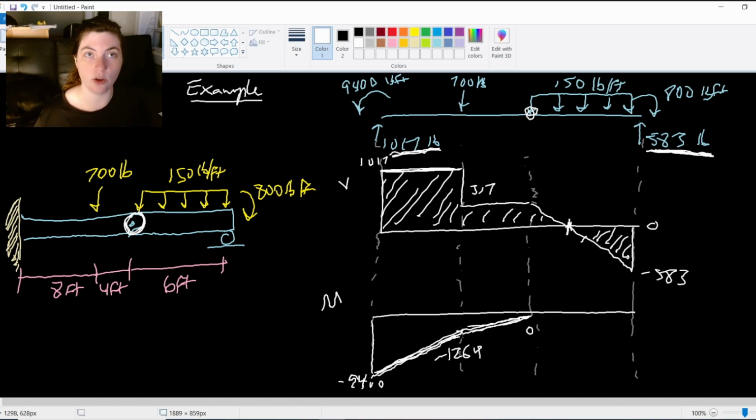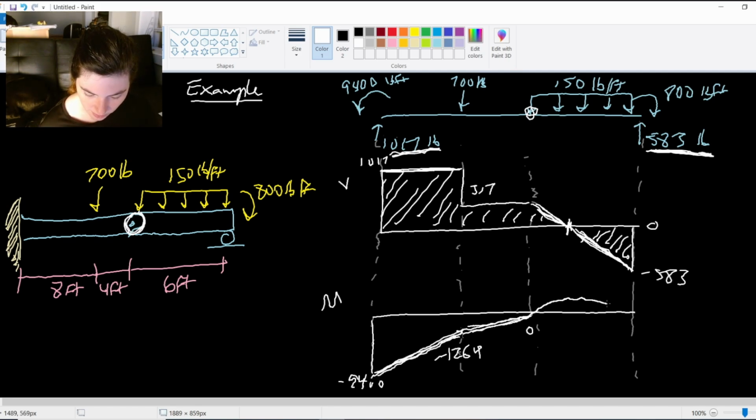And then finally, I go into this linear section here, where I have this positive yet decreasing and then negative shear. This linear function gets integrated and becomes a parabolic function, with a maximum that occurs right where the shear crosses 0. And I drew this parabola a little bit wrong, let me erase that. Where does my parabola end?